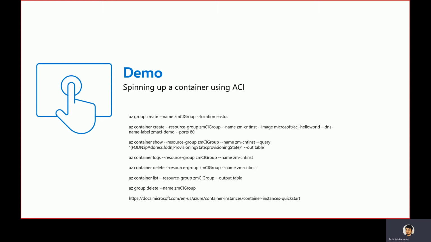Quick demo. We'll look into the portal about how to create an Azure container instance. So I've just put in some commands over here, which are taken directly from the container instance quick start.